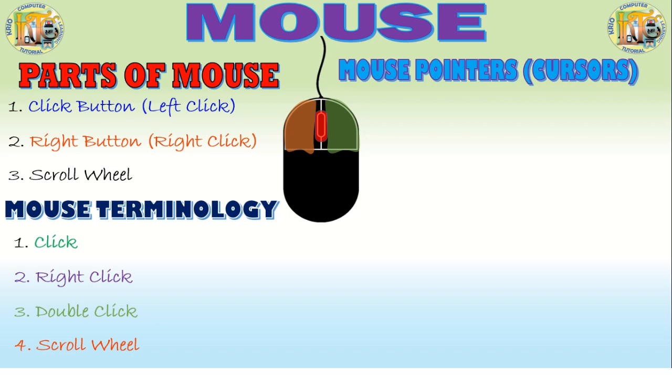And the first one we dey take to una na the selection pointer. The selection pointer na an arrow pointer wey we dey use for choose and highlight commands, programs, files, and or folders. The next one we dey come to una na the I-beam pointer.